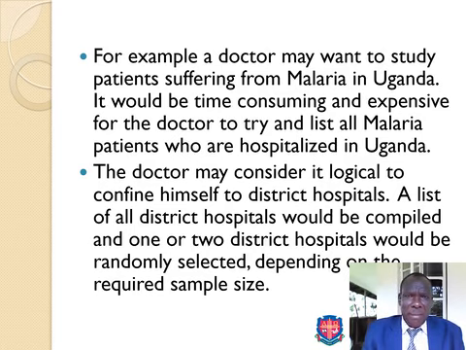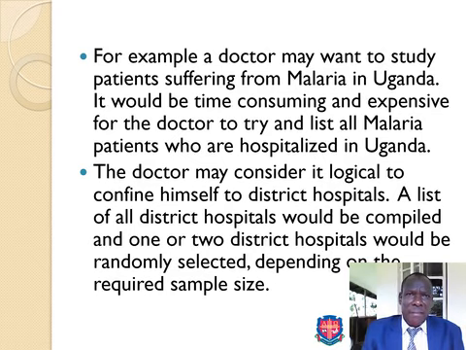Now, the doctor may consider it logical to confine himself to district hospitals. We have about 120 districts now, maybe more. So if you take every district, one hospital, then at least you have 120 or 130. A list of all the district hospitals would be compiled, and 1 or 2 district hospitals would be randomly selected depending on the required sample size.